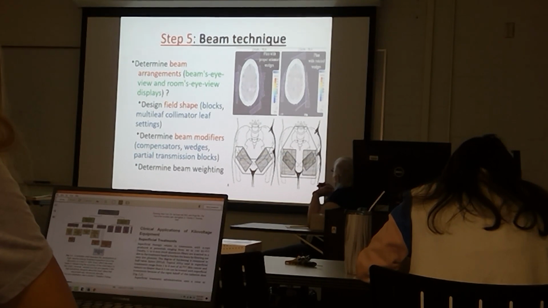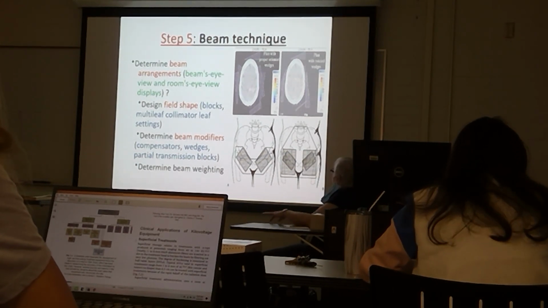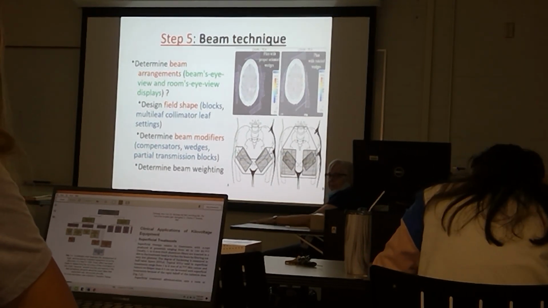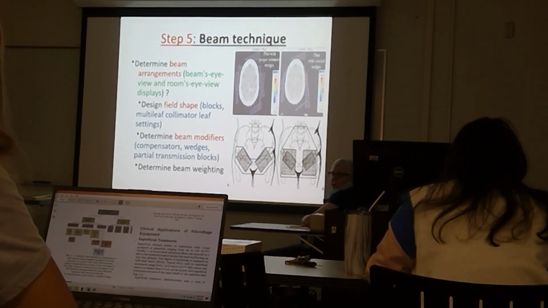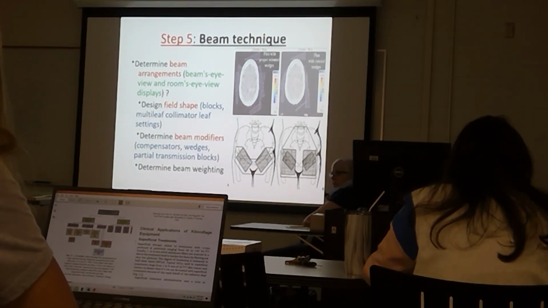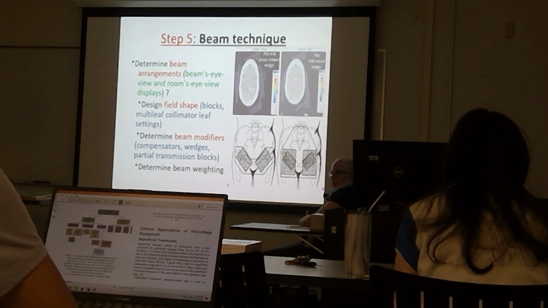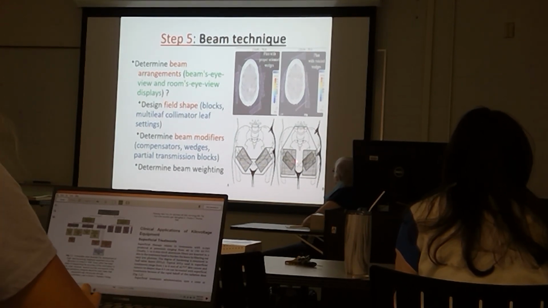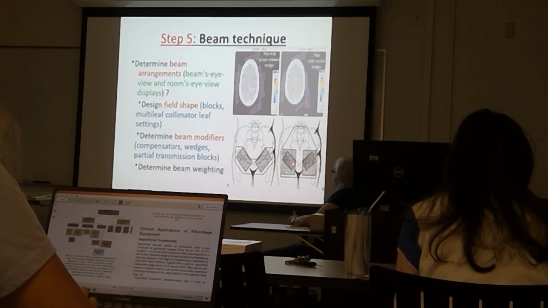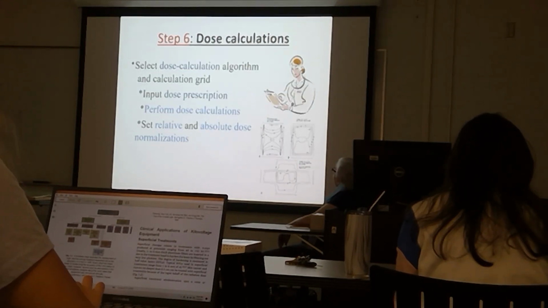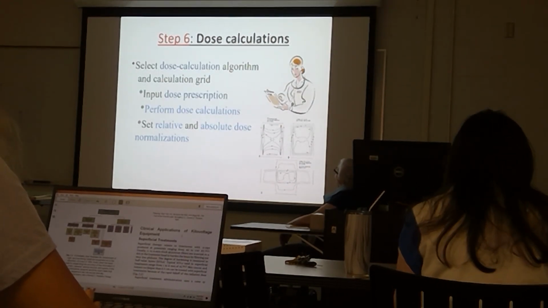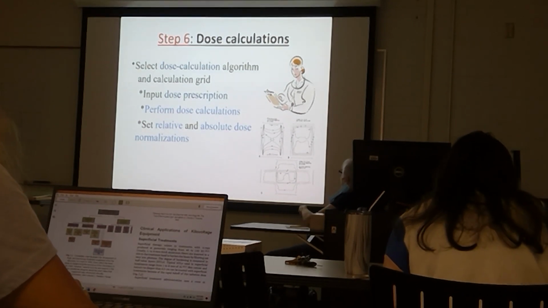And then we come along and say, okay, but we need to do, say, an electron boost to the nodes, because you can get more superficial. So we would treat this area and this area with electrons. Those calculations.